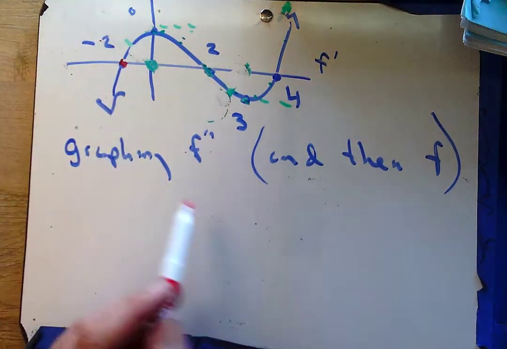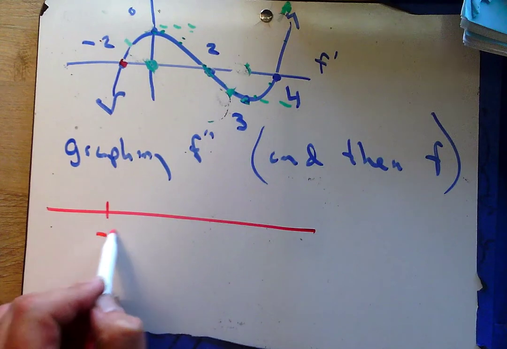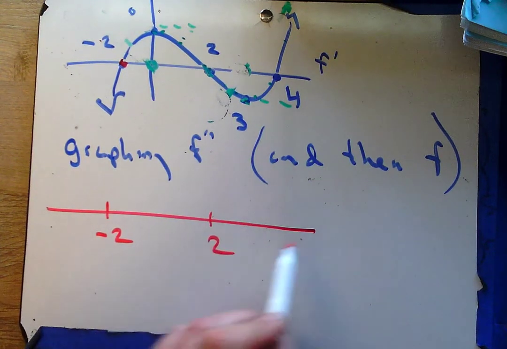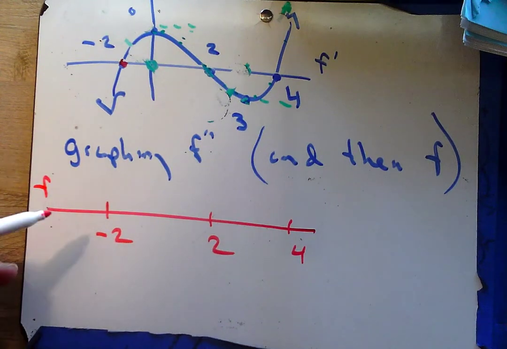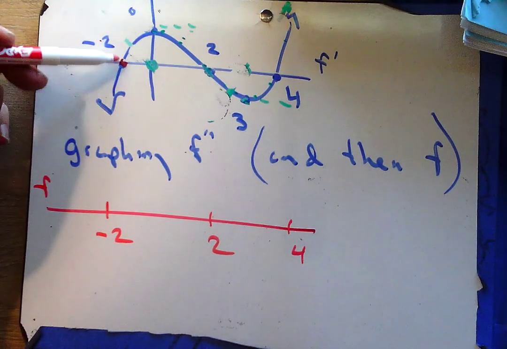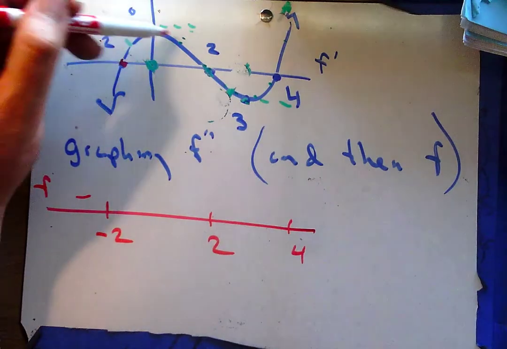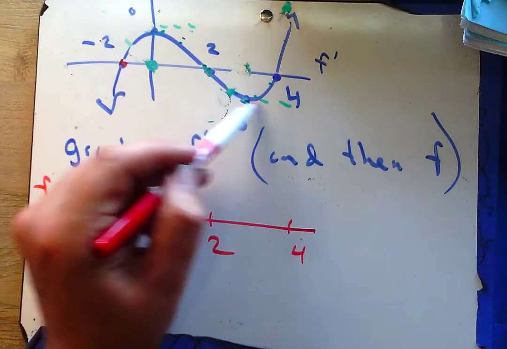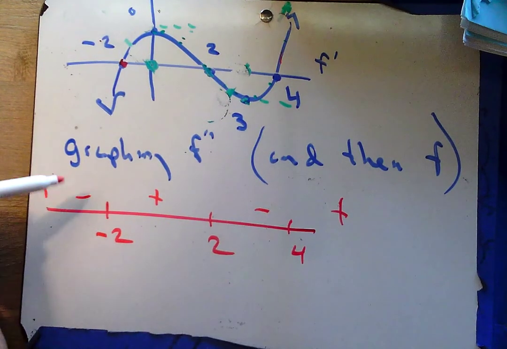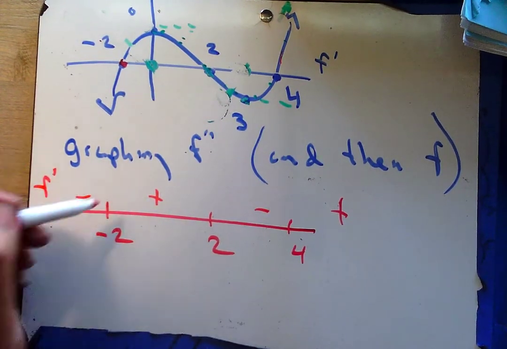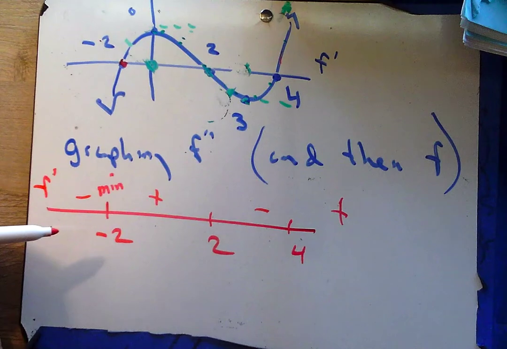And do I have a max or a min? Well, let's see. We've got this critical point, this critical point, and this critical point on f prime. And I see f prime is negative over here, f prime is positive, f prime is negative, f prime is positive. Well, when f prime goes from negative to positive, we know we have a min on f.